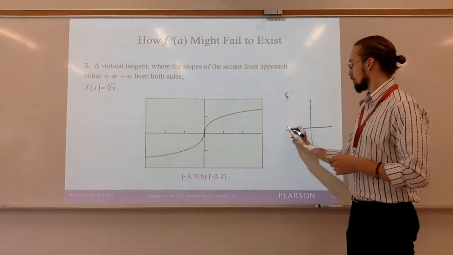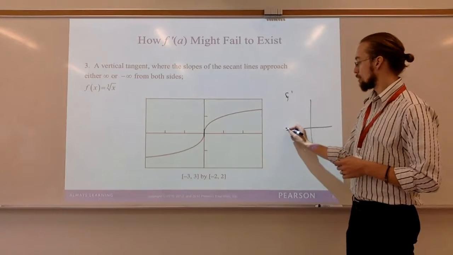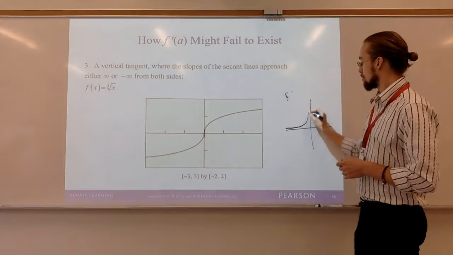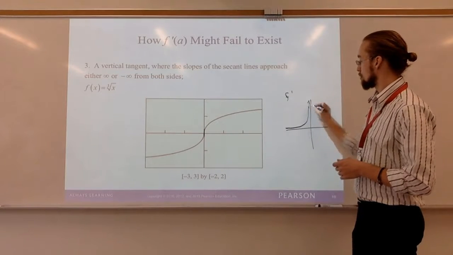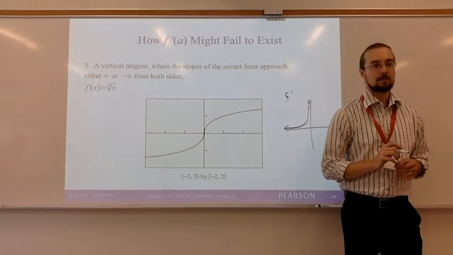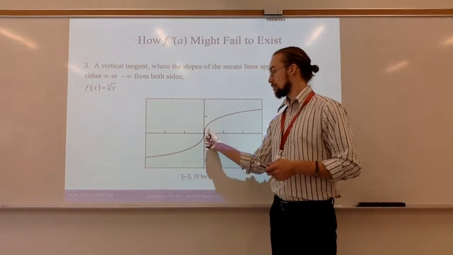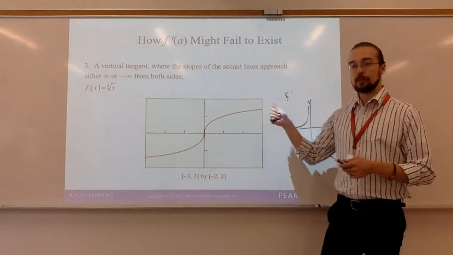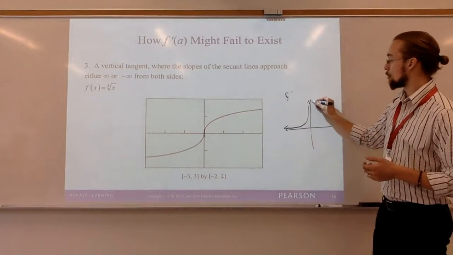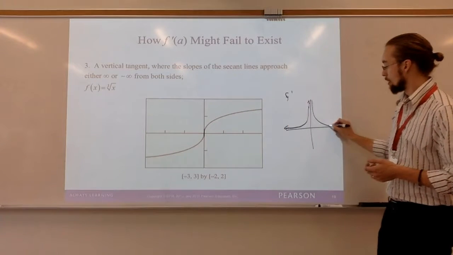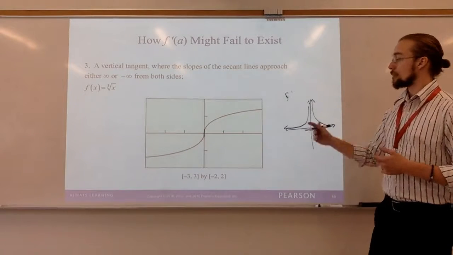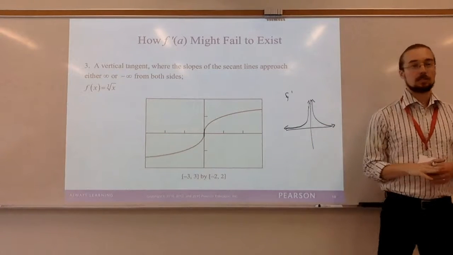Over here, my slope starts incredibly steep and then starts shallowing out. So starting with a really high value, it starts to shallow out. So my derivative would look something like this.